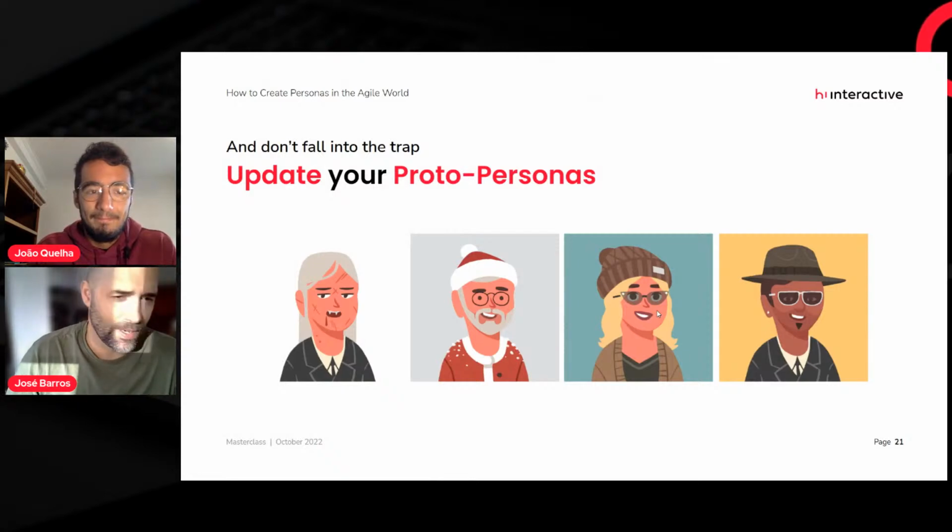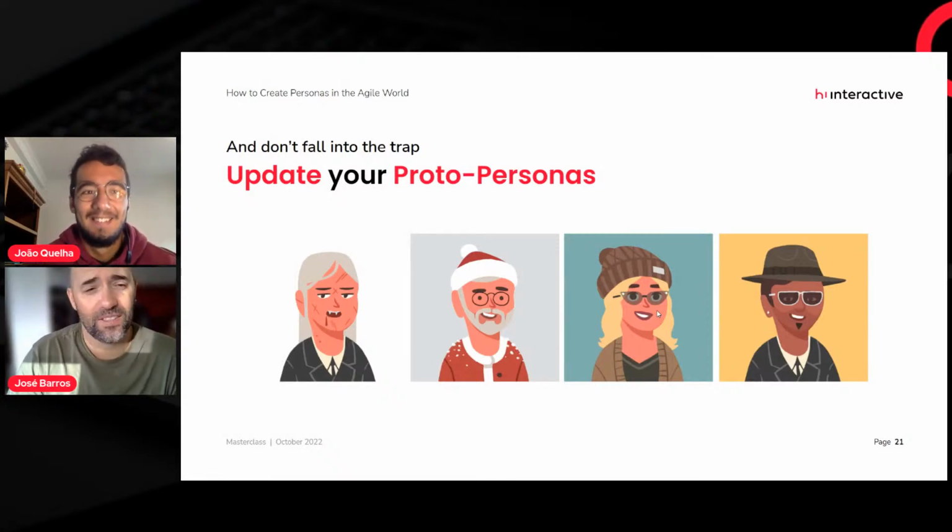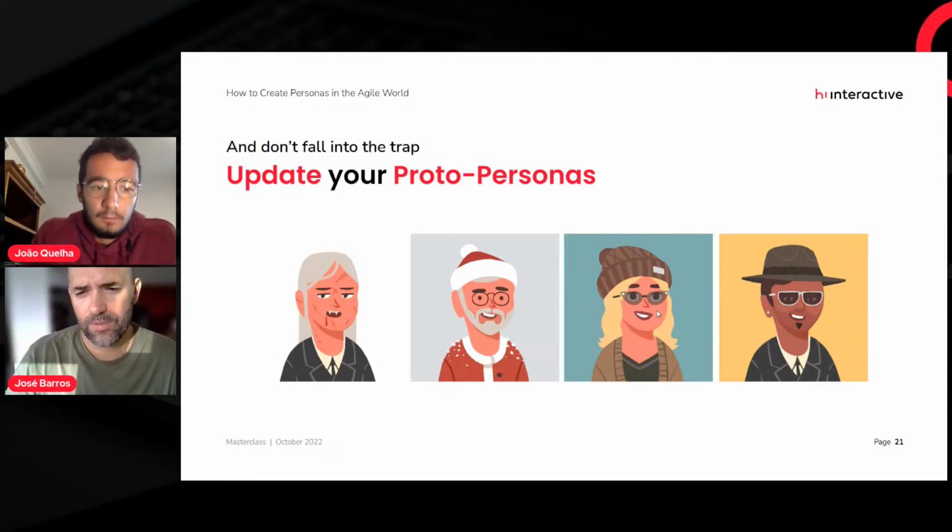And the last part, after validating this, is you have to update your product personas. I see a lot of projects where we start to create the personas and the product personas, and they stay stagnated in time. When we create a service or a product, the users don't know how to use it at first.